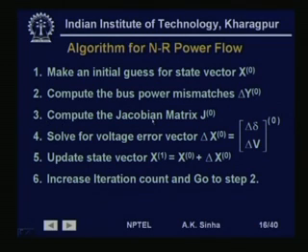Next step is to compute the Jacobian matrix J 0, that is, with the initial guess state vector x, knowing all the voltage magnitudes and angles with the guessed initial values, we compute the values for the elements of the Jacobian matrix at the initial operating point.